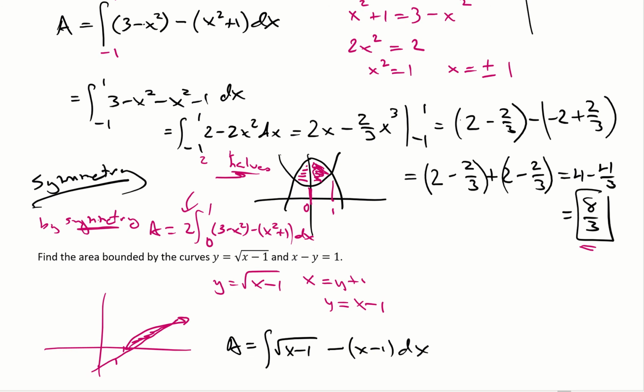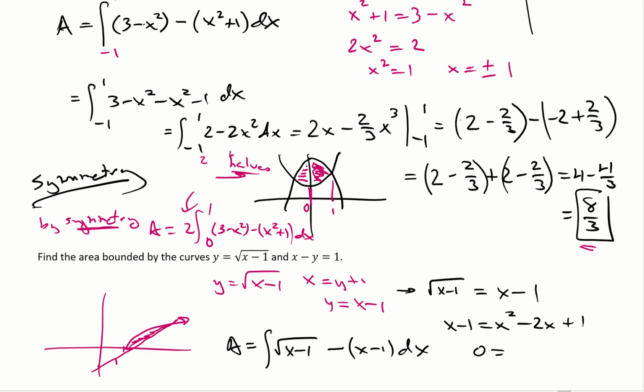To find out where they meet, we just take these two guys typically and go square root of x minus 1. When is that equal to x minus 1? You can kind of guess if x is 0. Does that work? No, you can't plug in 0. We better solve it. So I'm going to square both sides and get x minus 1 is x squared minus 2x plus 1.